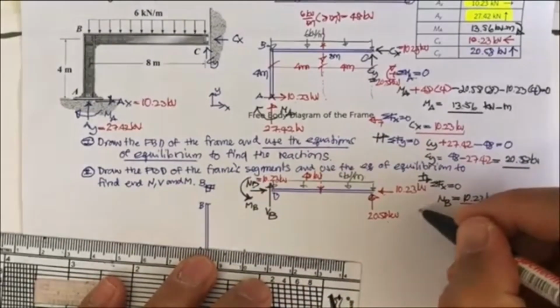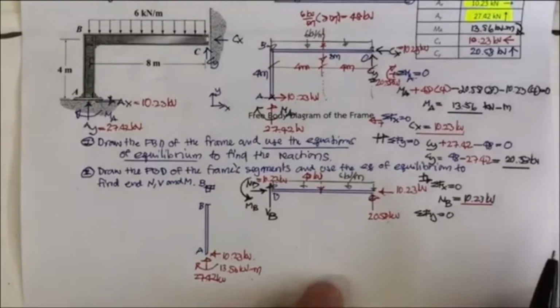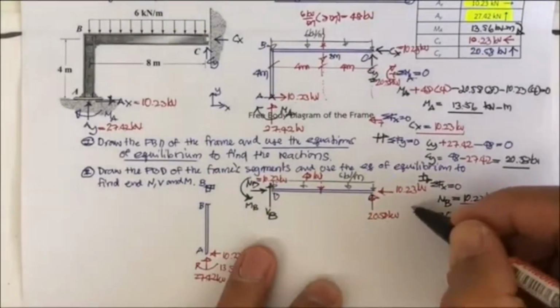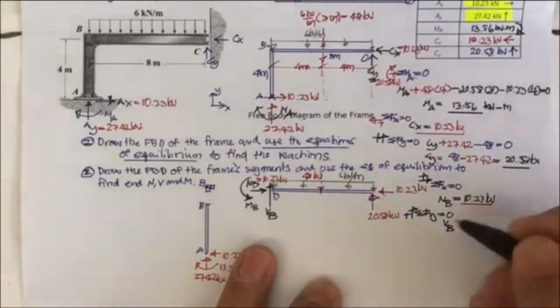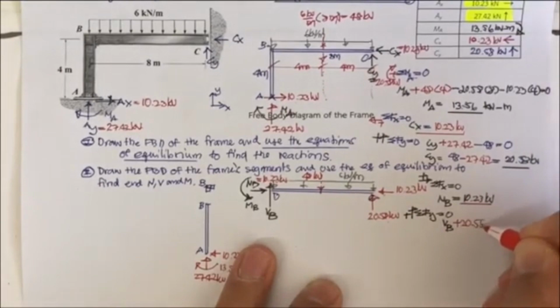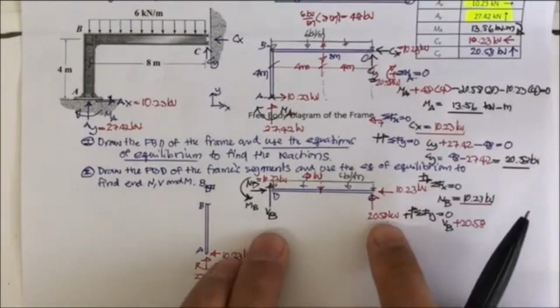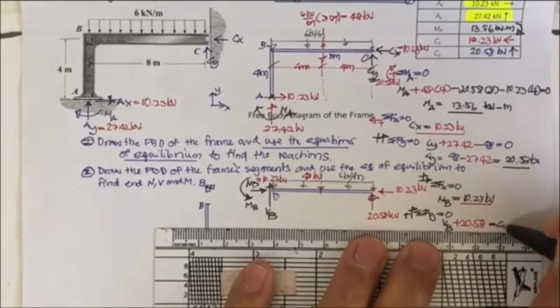And next, you may have summation of F sub y equal to 0. By doing this, this is V sub B, so up is plus. So your V sub B is up, plus 20.58. These two are upward, and 48 is downward. If you like, you may just put it equal to 48.